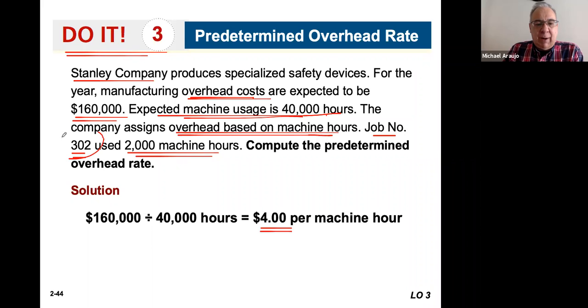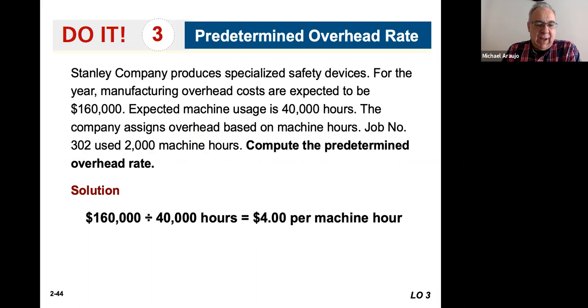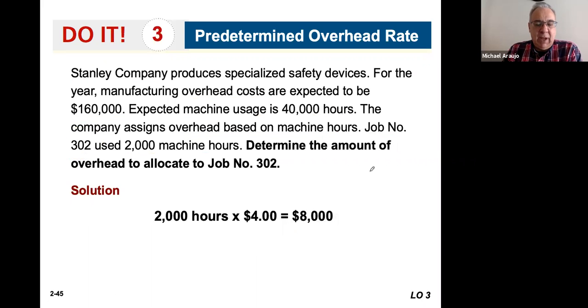So this job used 2,000 machine hours. You would multiply that by the 4 to get the amount of overhead that you are going to allocate to this job. So 2,000 hours times the $4, you would allocate $8,000 of manufacturing overhead costs to this particular job.